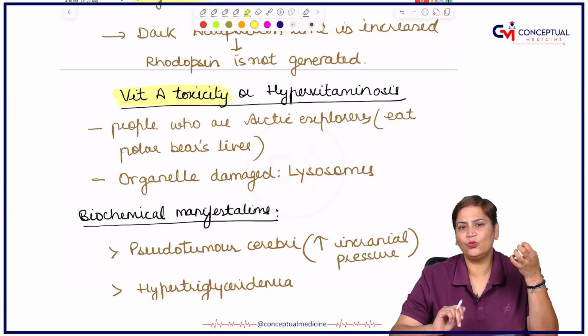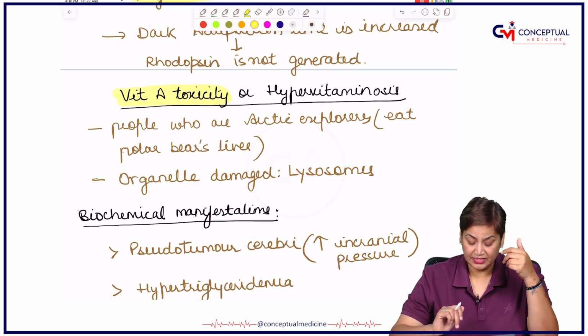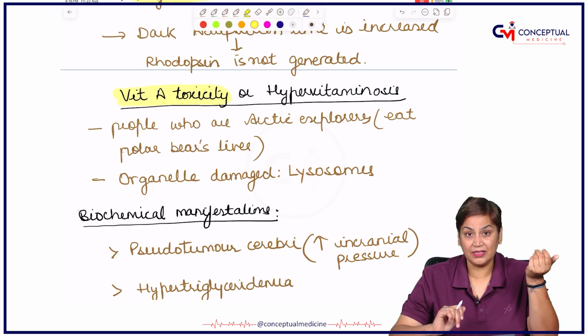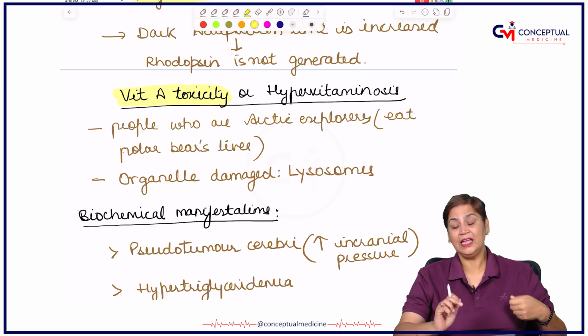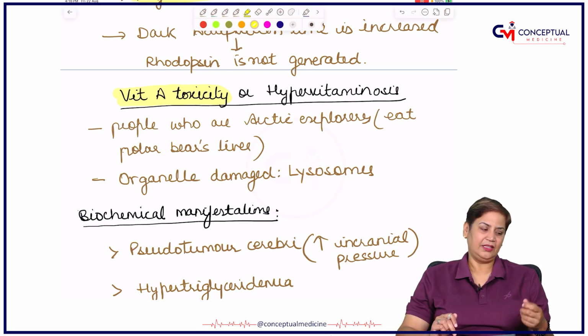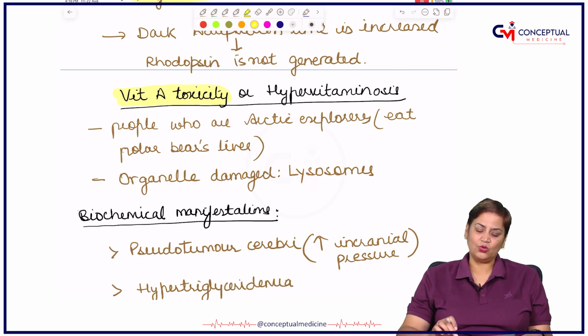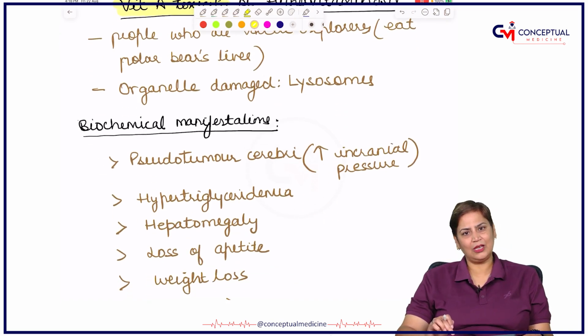So, it will lead to what? It will lead to an increase in intracranial pressure, which is pseudotumor cerebri. And obviously, since we are having liver, it will lead to hypertriglyceridemia. There will be enlargement, hepatomegaly, loss of appetite, weight loss, alopecia.